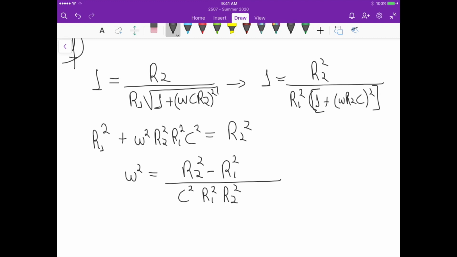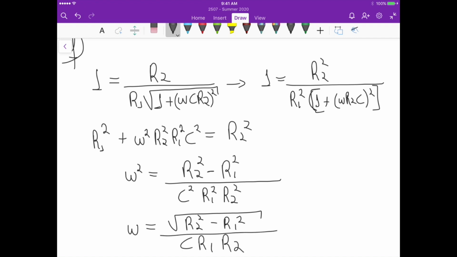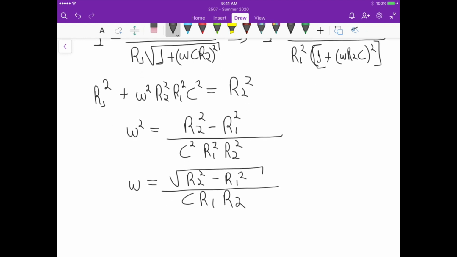And if we take the square root of this, it means that omega is equal to the square root of R2 squared minus R1 squared, divided by C R1 R2. So that's the equation for the frequency at unity gain.